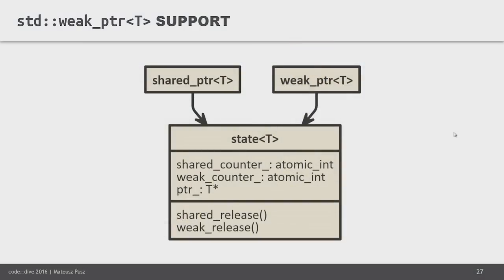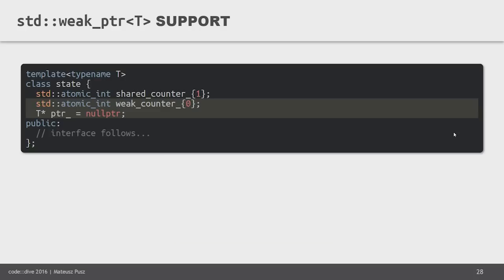Weak pointer release, on the other side, has to verify if there are no shared pointers and this was the last weak pointer, and in such case, all the state can be destroyed. So how to implement it?